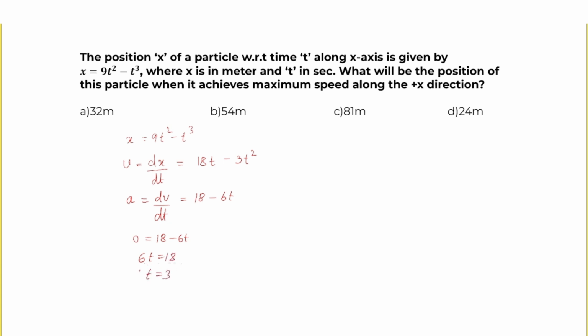That will be our time. Okay, so if t equals 3, let's put it in x. It will give us 9 into 3 square minus 3 cube, so 81 minus 27. That will be how much? 54 meter. That's option B.